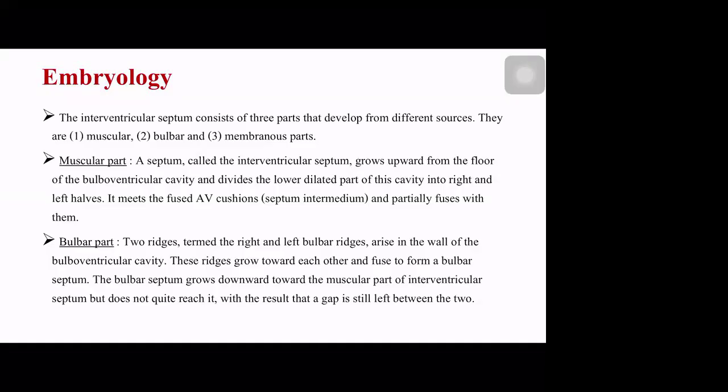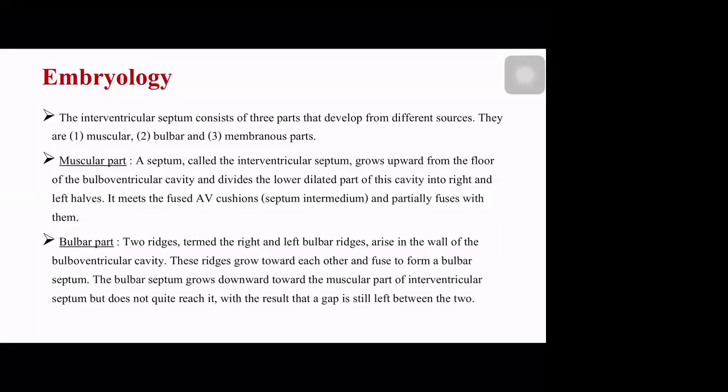This muscular part of the interventricular septum, when growing upwards, ultimately meets with the fused AV cushion or septum intermedium, and it partially fuses with them. About the development of the AV cushion, I have already discussed in the previous class. So the muscular part grows upwards to meet and fuse with the AV cushion.